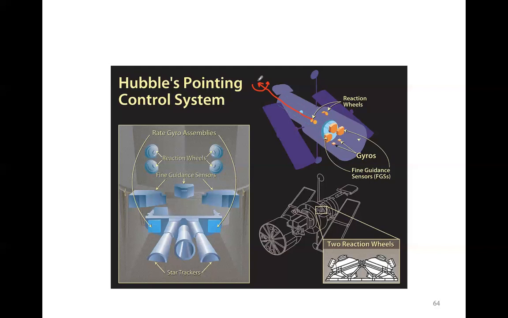The main goal of a telescope, for example, in this case the Hubble Space Telescope, is to determine the precise attitude with respect to the two orthogonal axes, this one and this one. So if you have a rotation along these axes, the boresight of the telescope is going to point at a different region of the sky.